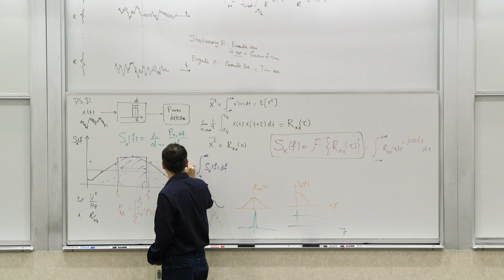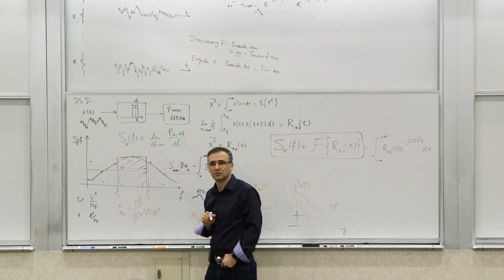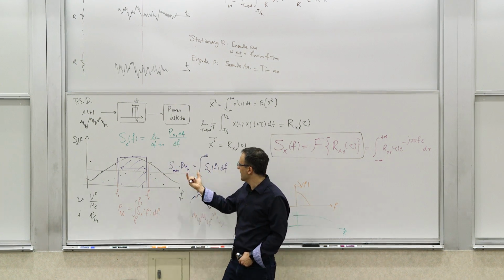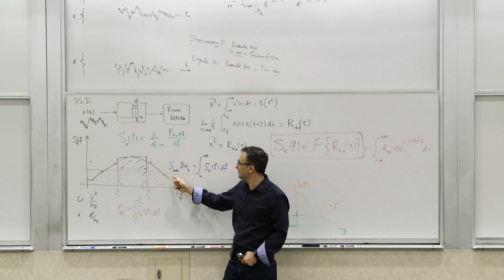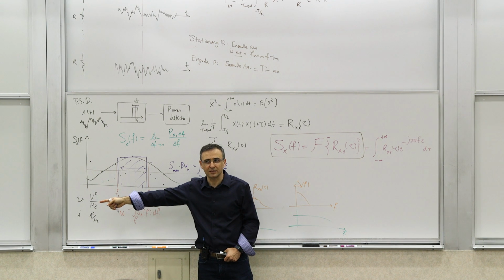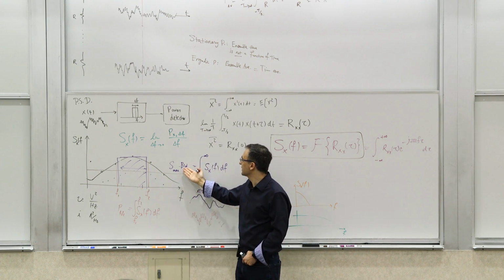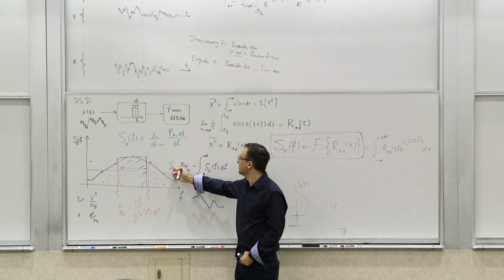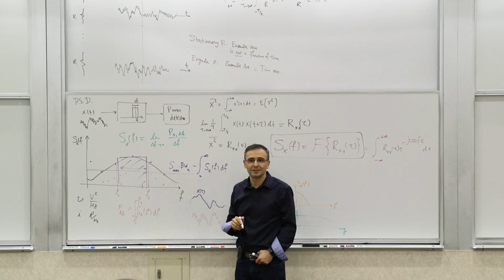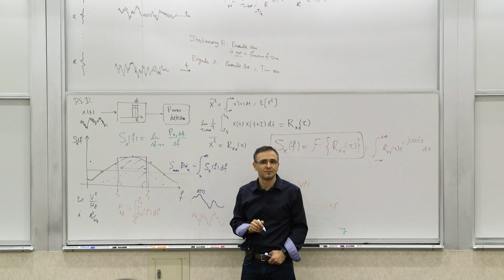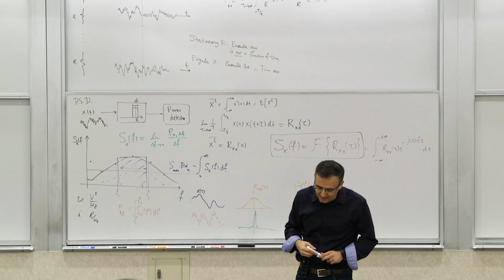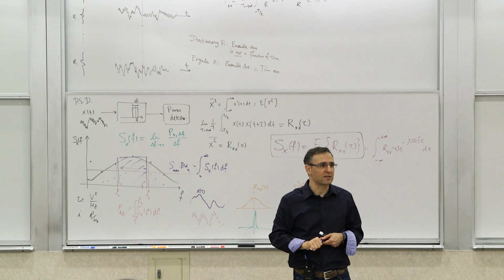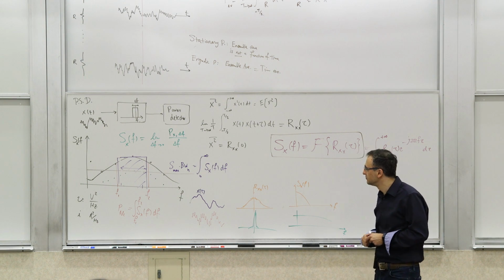So this is the area of the rectangle, and this is the area under the black curve. You're equating them, and obviously the noise bandwidth is going to be this divided by that. So you can define it that way, and that's basically the brick wall bandwidth, sometimes called the noise bandwidth.